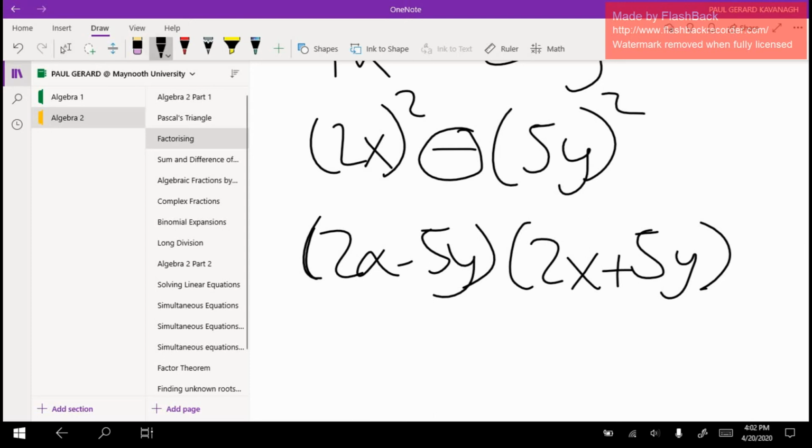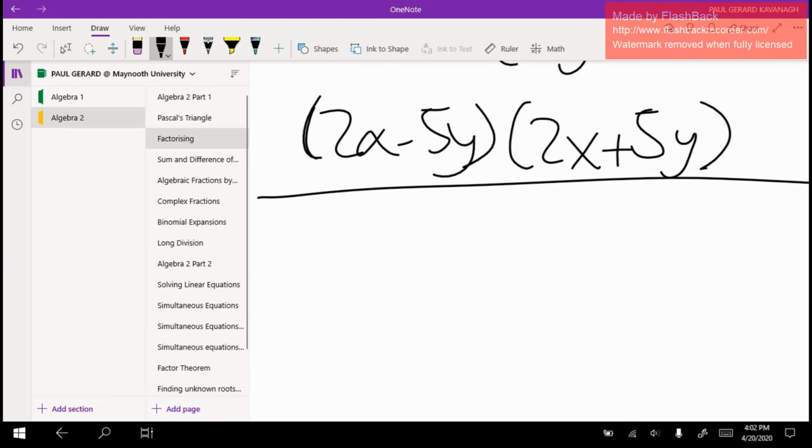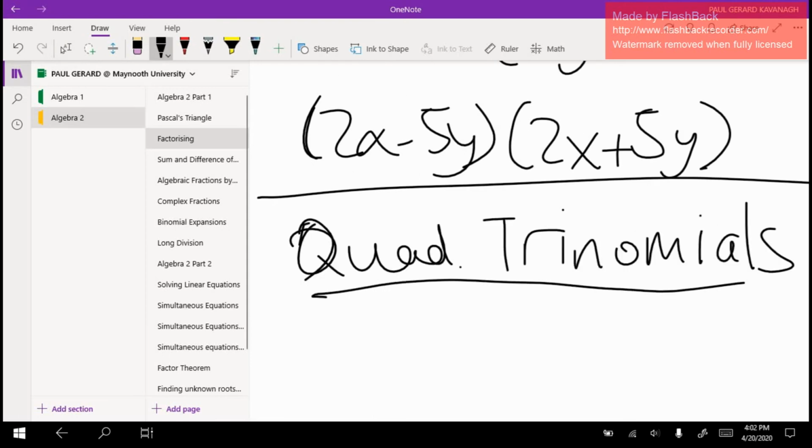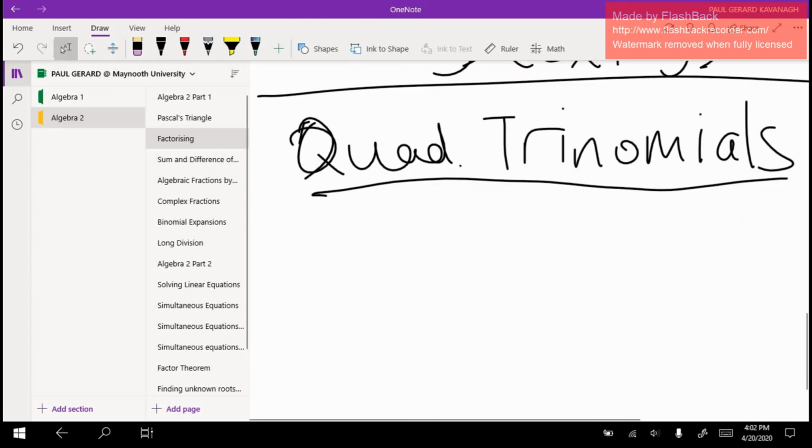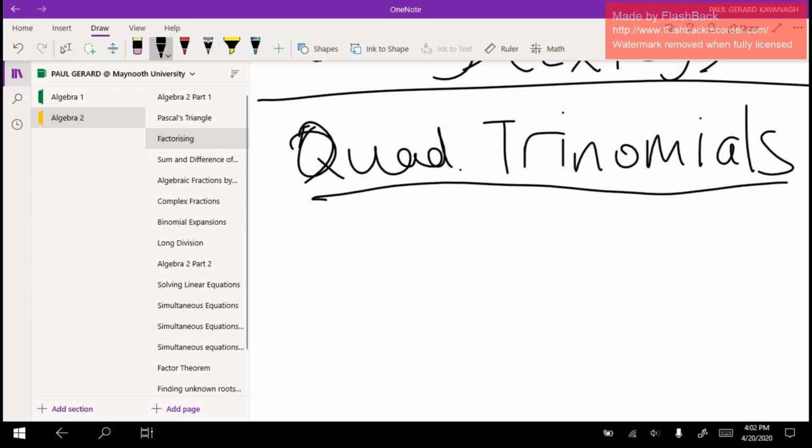And one is like trinomials. I'm going to write quadratic trinomials. Okay. So this is basically an expression where you have three terms in one expression where each term decreases by power in its variable. So this one is going to be squared.